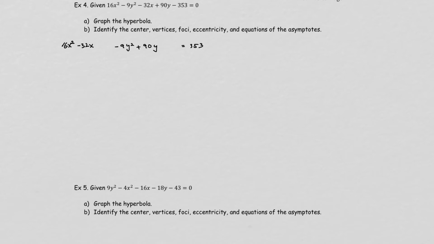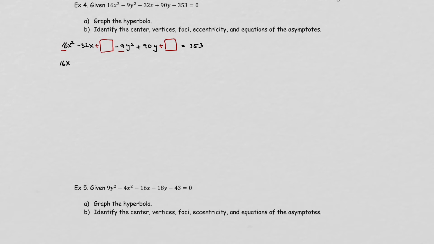And we're going to end up adding new c for both variables. But in order to add new c, don't forget the leading coefficients of both terms have to be 1. So let's factor 16 from the first term.